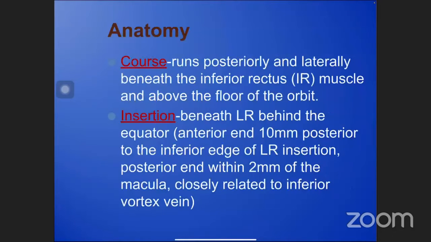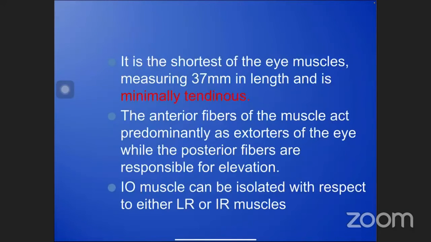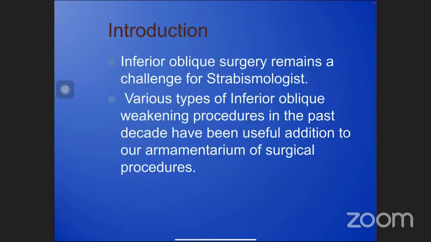The anatomy has been covered by Dr. Soulin. So basically, inferior oblique surgery remains a challenge for strabismologists, and various types of inferior oblique weakening procedures in the past decade have been a useful addition to our armamentarium of surgical procedures.